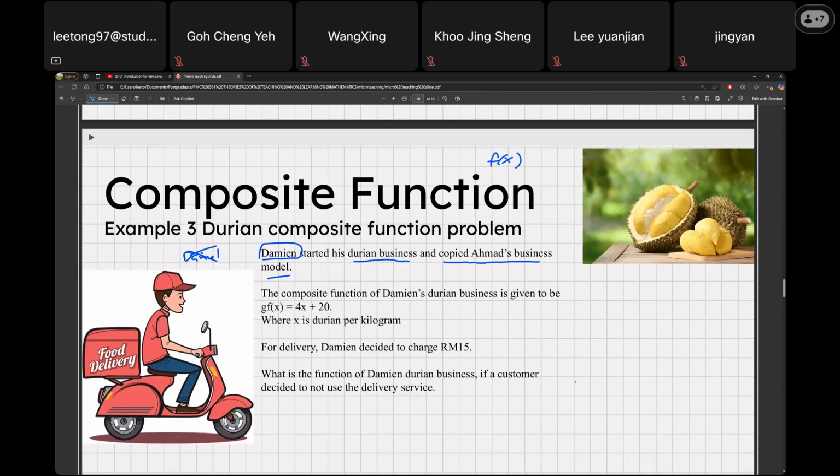f(x) is 2x + 1, g(x) is x + 50. But in this case, he used a different function. The composite function is given already. The composite function of his durian business is given to be g(f(x)) = 4x + 20. For delivery, he charged 15 ringgit.